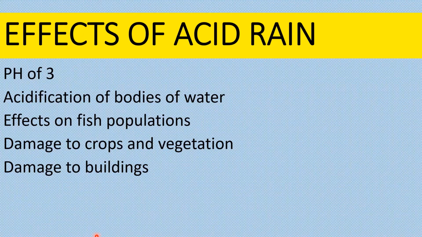Step 2, plant nutrients such as calcium and potassium are leached and replaced by aluminium ions. Step 3, increased soil acidity, more leaching. Step 4, fewer soil organisms such as decomposers and fewer nitrogen-fixing bacteria, so less nitrate is added to the soil.